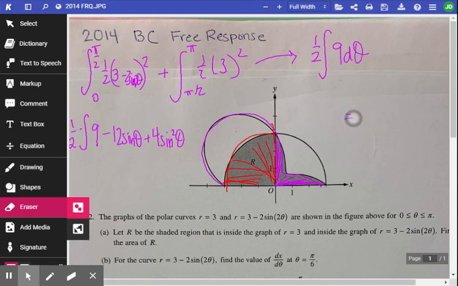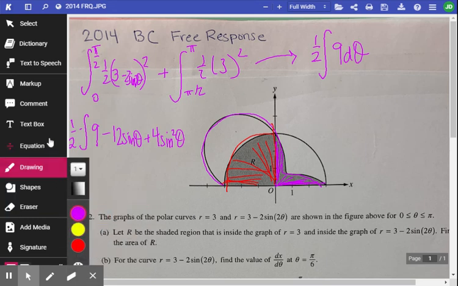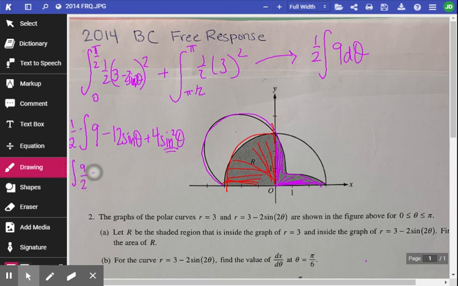I'm going to end up putting both of these parts together, but I'll just do them separately. Okay, so I'm going to have to replace this with the identity. I'm going to put the 1/2 in, so I have 9/2 minus 6 sine theta plus 2 times 1/2.